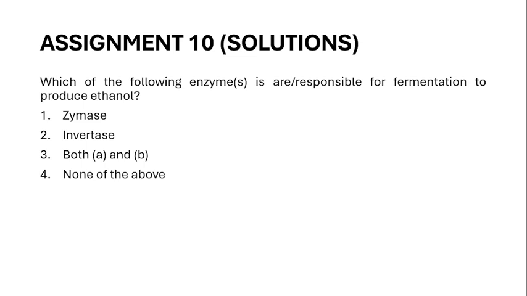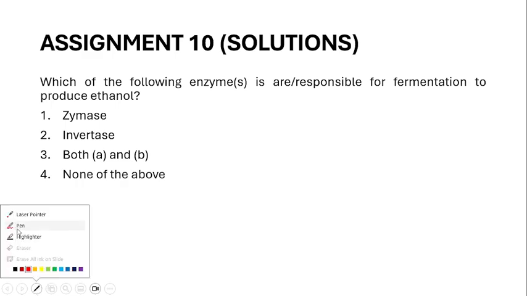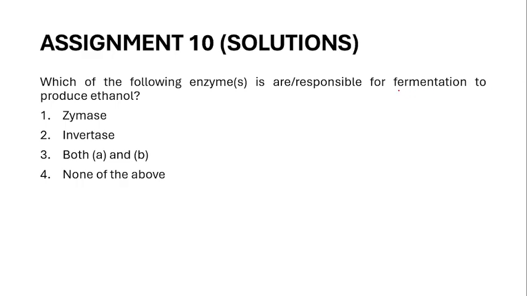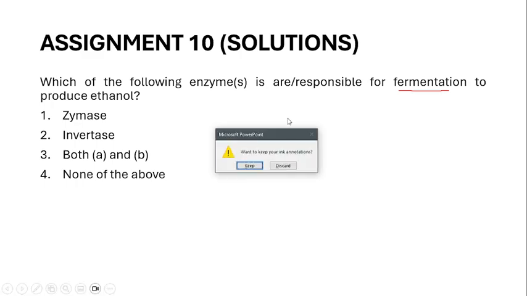So for the ethanol production, what are the enzymes involved? They are asking. So we know what is the fermentation process, right? In the fermentation process, the carbon content present in the biomass is decomposed and it is producing the ethanol.